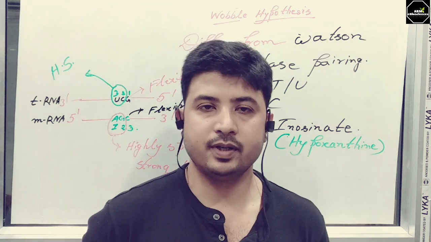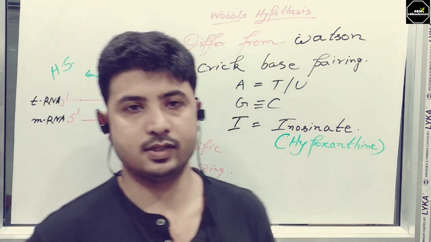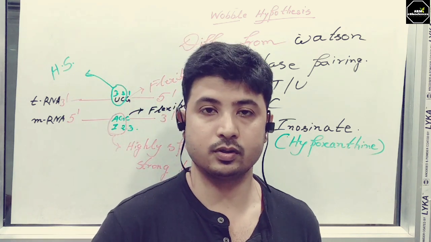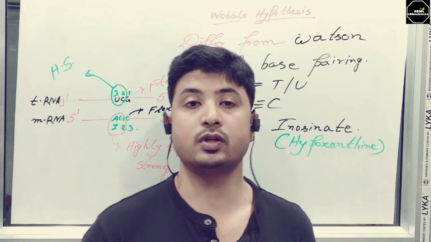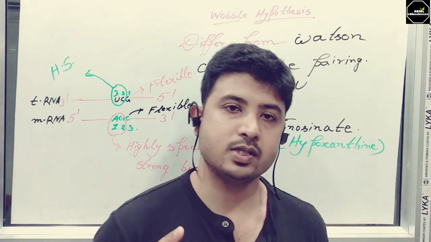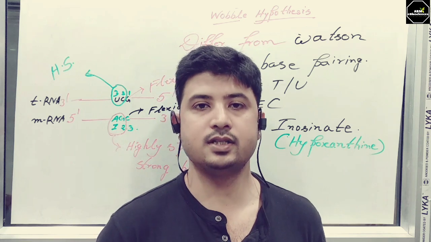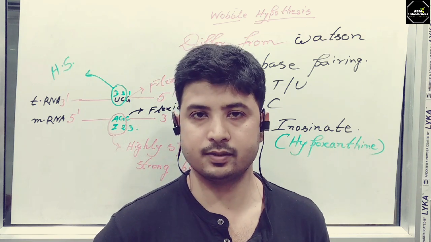We have read that one amino acid can be coded by two or three, or more than one, codons. A specific tRNA is present for each amino acid.